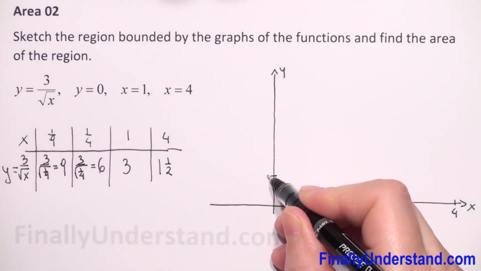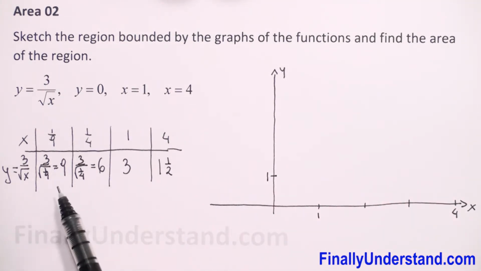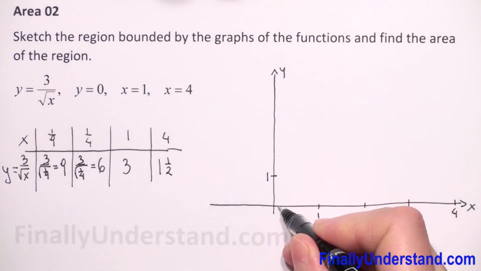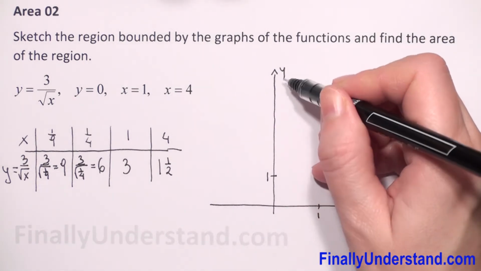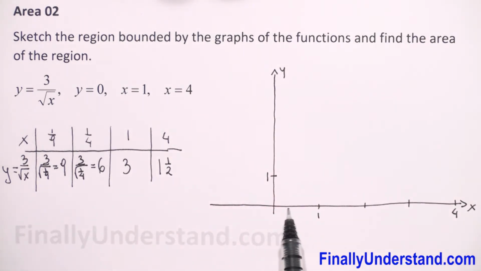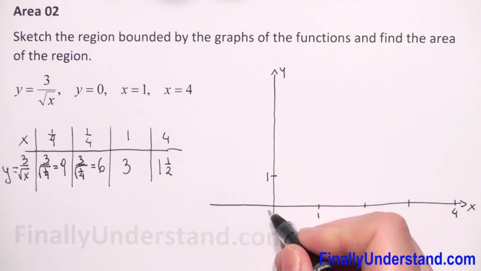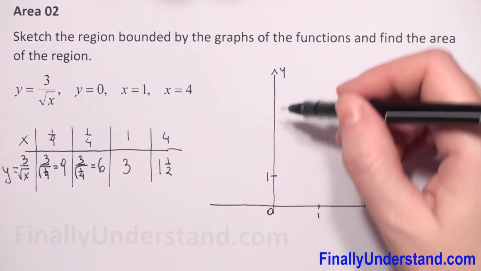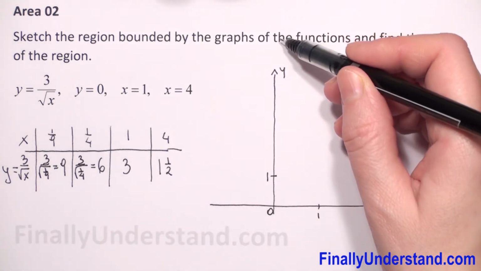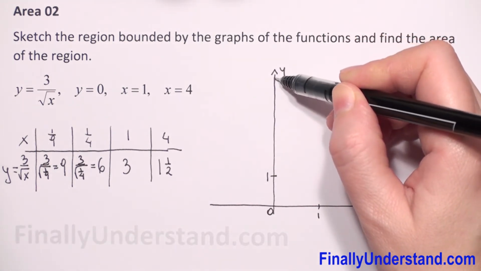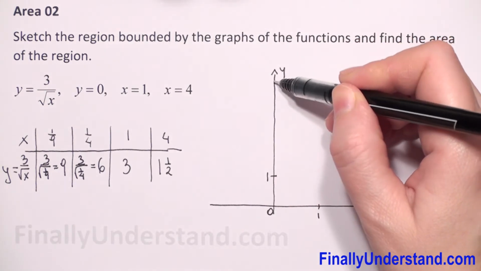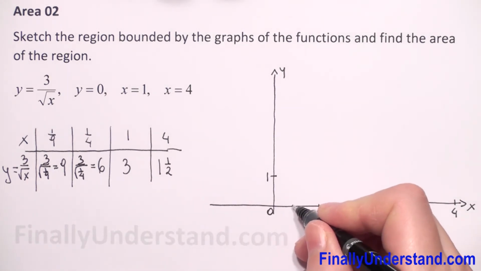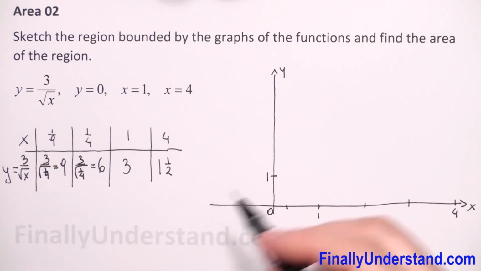We have our unit. So let's find this point. We have 1 over 9 and we have 9 for this. So we see when x is very close to 0, we have very large y. So our graph goes from positive infinity. We are very close to the y-axis, but we never pass this axis. Next, for 1 over 4, we have value 6.